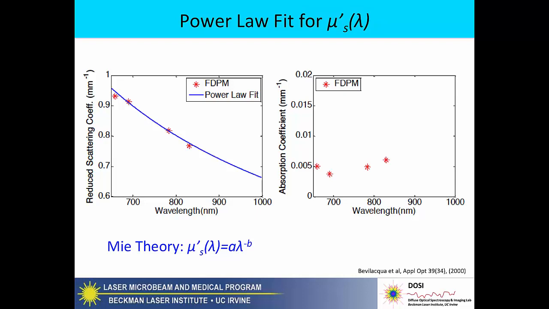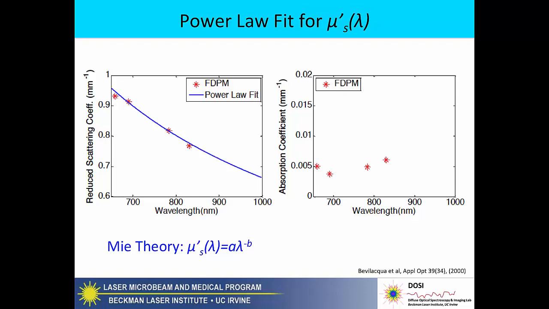So we've got a prefactor A and a scatter power or slope B. If we just fit these measured dots to this Mie theory expression, you can recover the A and the B parameters. So that's a very general expression that many people use, widely used in the field.